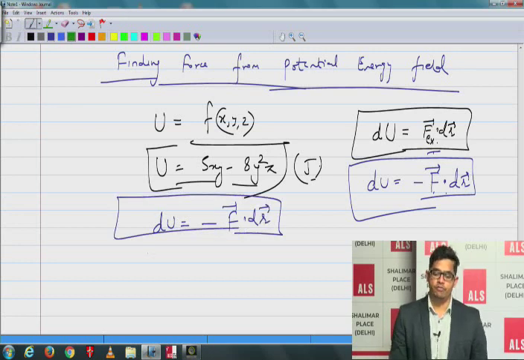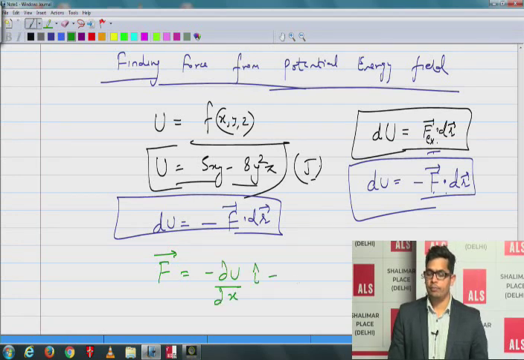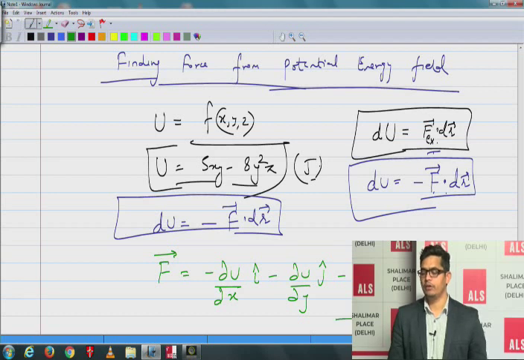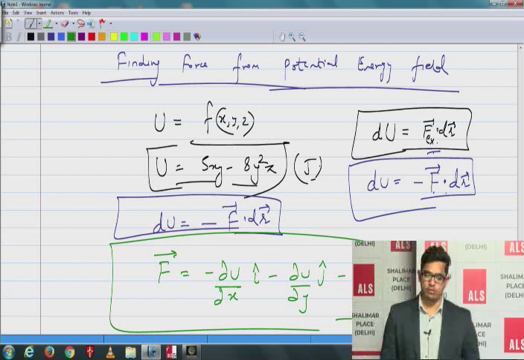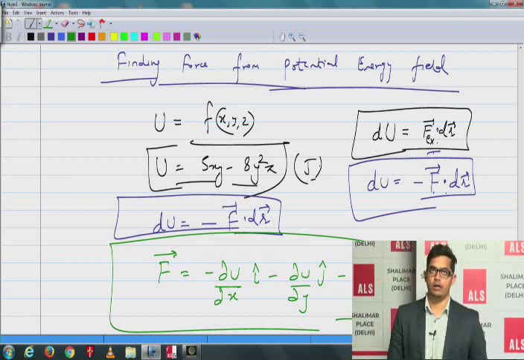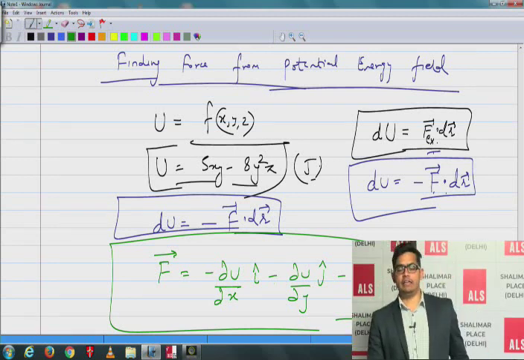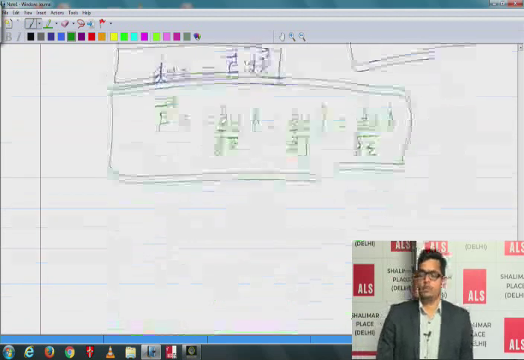to define force, we have to use partial differentiation. So F is equal to minus del U by del x i cap minus del U by del y j cap minus del U by del z k cap. This del U is not d or something else, this is known as del. It is a partial differentiation. Is that clear?